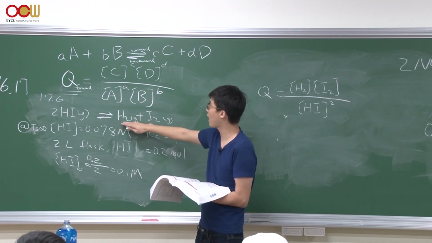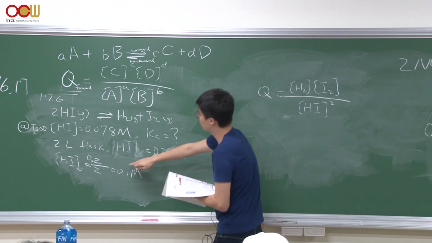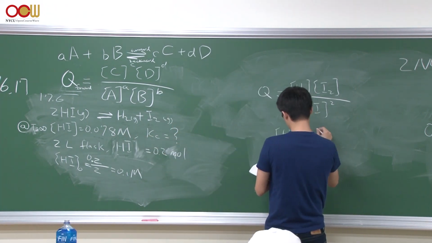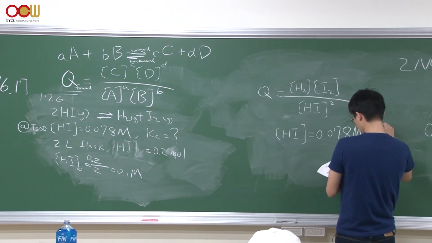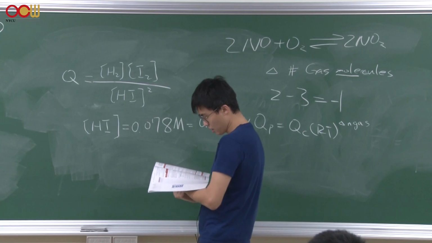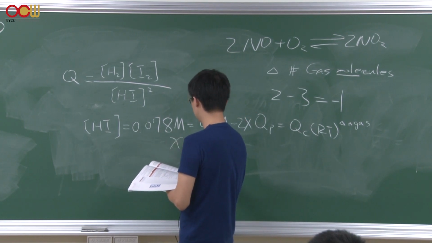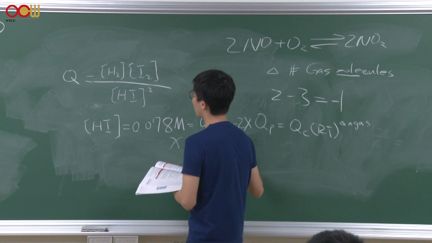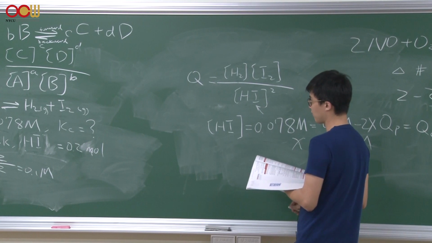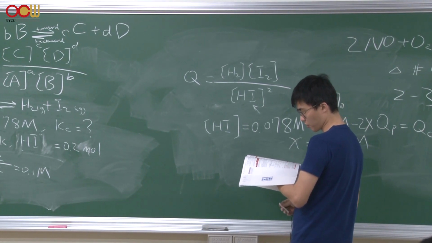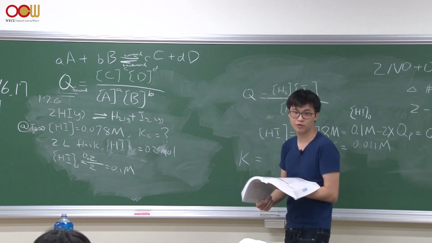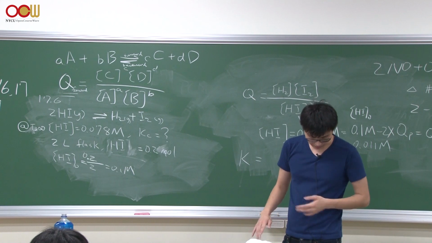Once it reacts, it will form hydrogen and iodine, right? Going from here to here, this is at equilibrium, from the initial minus 2x. So we can solve for x, okay? And then we can substitute our x back into this equation. This is your 0.078 molar, right? And at equilibrium, Q equals K. Then we can get our K value from such simple mathematical manipulation.